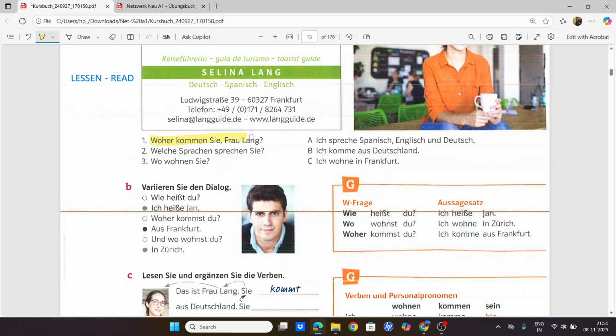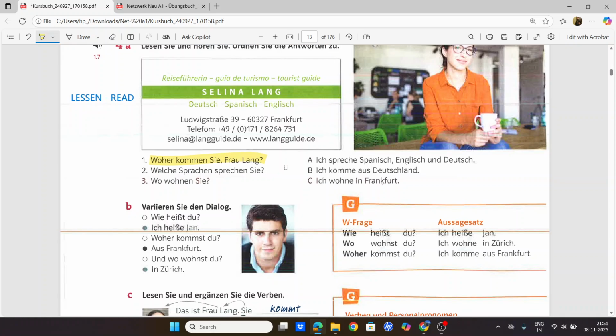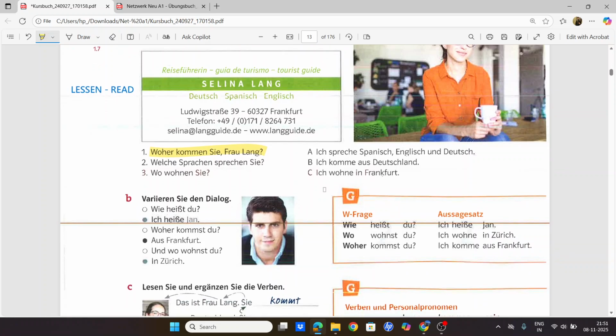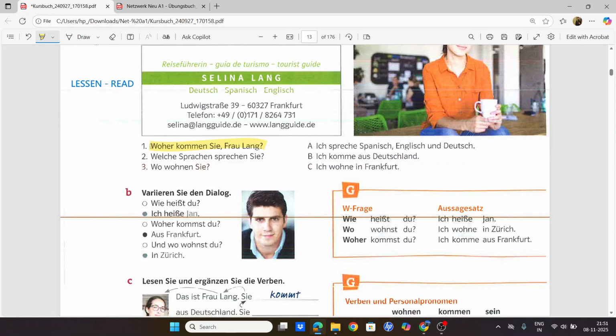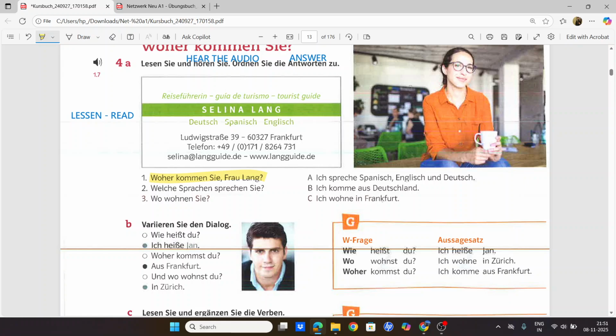Woher kommen Sie, Frau Lang? That means they are asking where Frau Lang, the lady in this text, is from. Frau is used respectfully, like Mrs. In English we have Mr. and Mrs., and we have the same in German.